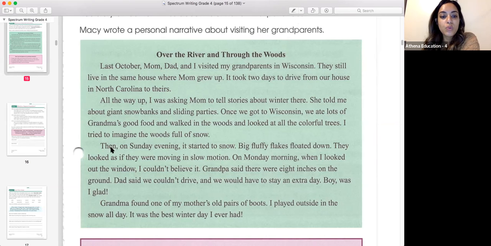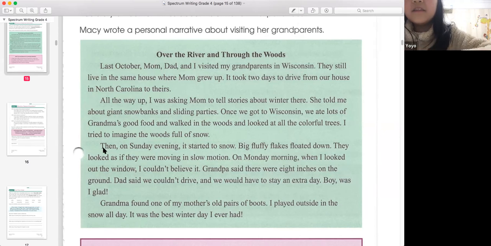Yo-Yo, would you like to read the third paragraph? Then, on Sunday evening, it started to snow. Big fluffy flakes floated down.